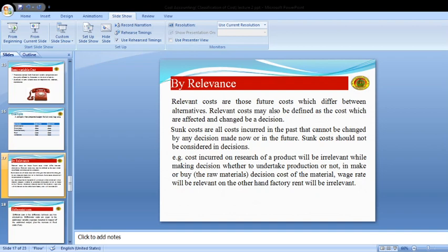Now, shall we launch the product? What is the relevant cost? And what is a sunk cost? I think most of you are getting it. We should launch the product because the relevant cost is the manufacturing cost, which is 25 lakhs. We are going to get 30 lakhs from the sale. That means we are making a profit of 5 lakhs. Sunk cost is 10 lakhs which we have incurred on R&D.